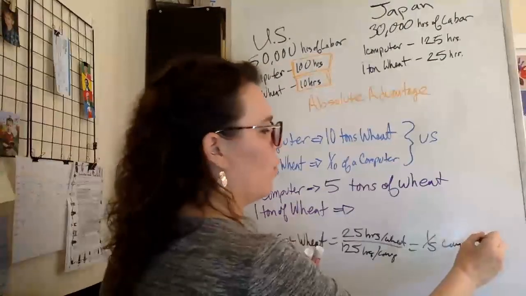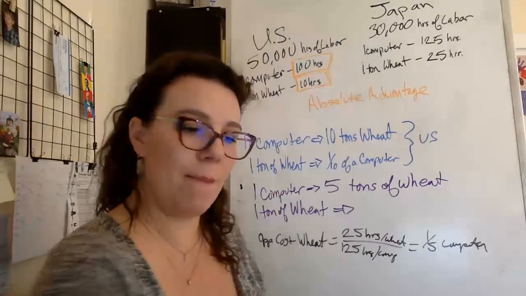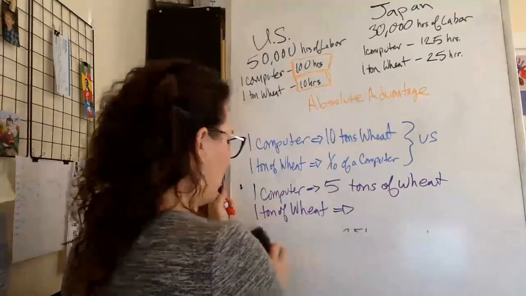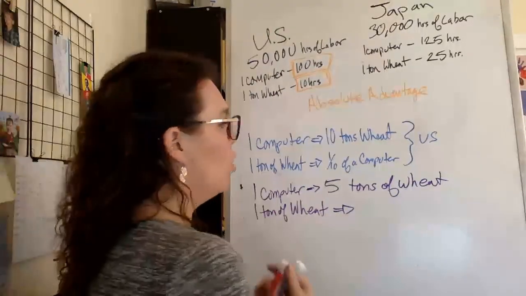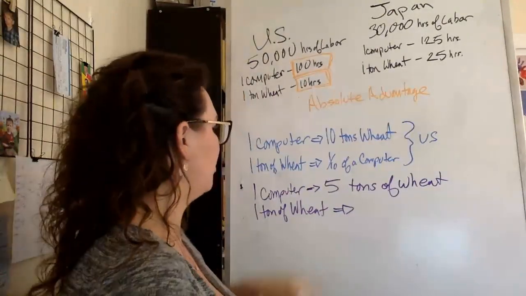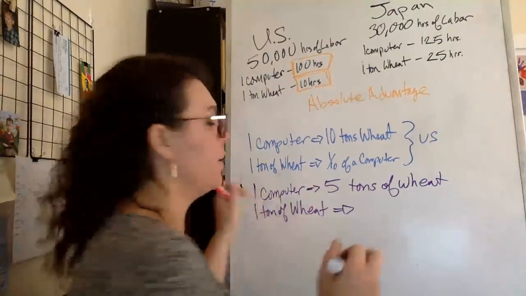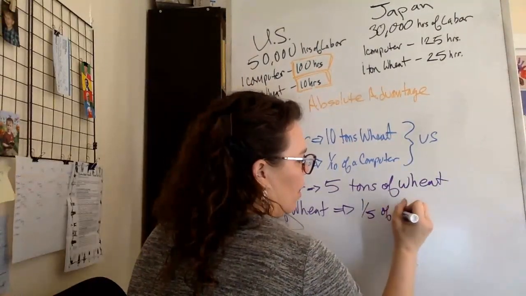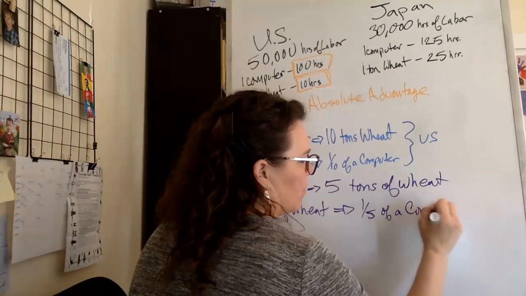And that's the other important thing to remember when we're talking about opportunity costs. We're not talking about a cost in terms of dollars or in labor. We're talking about the good we gave up. So every time we make 1 ton of wheat in Japan, we give up 1/5 of a computer.